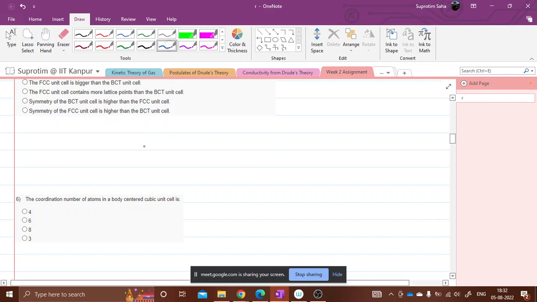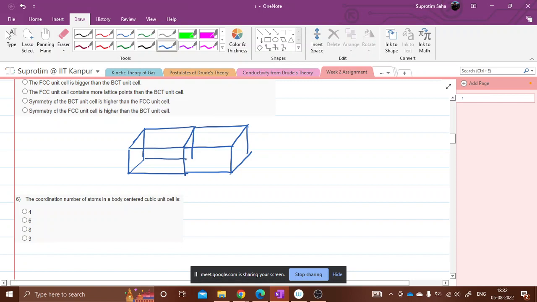You have to draw two successive ones. My drawing may not be exactly like this, but these are all equal, these are all the same.